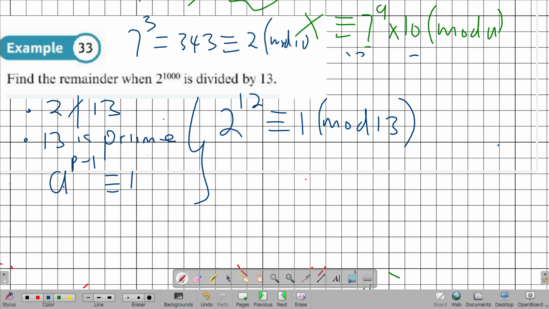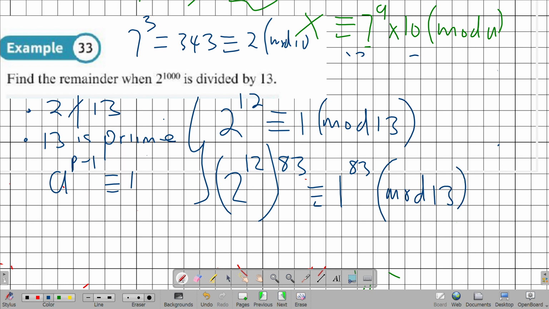And we want to get to 1,000. You might think of a number that we need to multiply with here to get to 1,000 from a power of 12. Maybe this is a time to use a calculator. I think you get probably 83, and 12 times 83 is 996. So 2 to the power of 12, to the power of 83, is congruent to 1 to the power of 83 under mod 13.